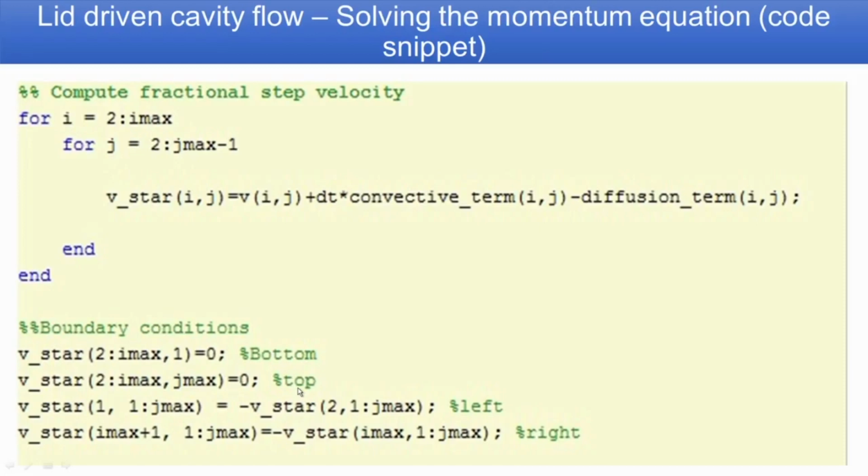Please recall, on the top wall we have imposed the velocity driving condition, but that is only for the u velocity, and the v velocity is set to 0. Now, for the left side, V star(1, 1 to j max) is equal to minus V star(2, 1 to j max).